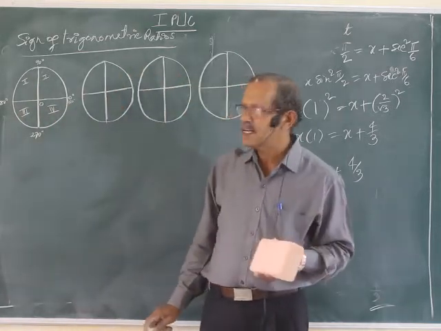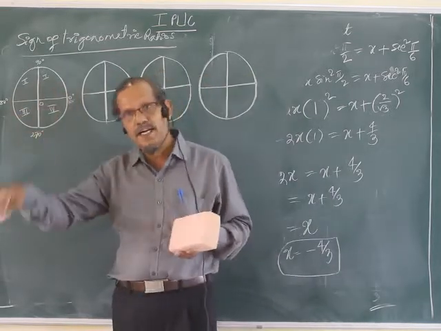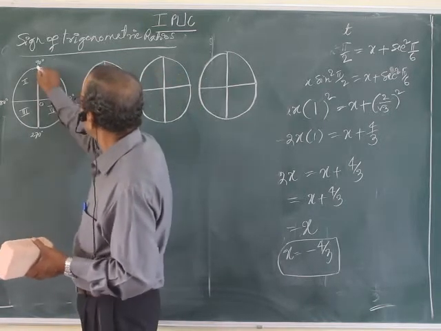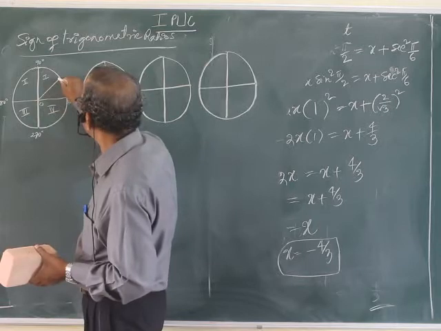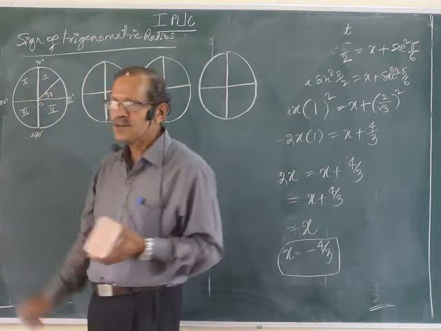Divide the entire circle into 4 equal parts. These are called the 4 quadrants. And from 0 to 90 degrees, all the angles come in the first quadrant. See, angle theta is in the first quadrant.